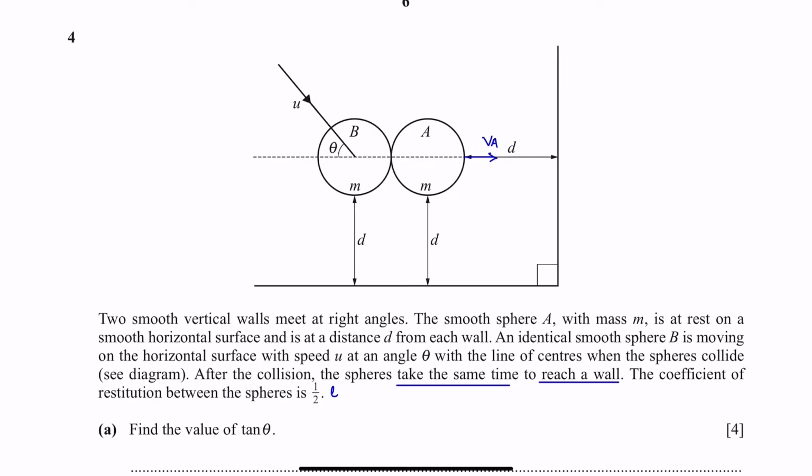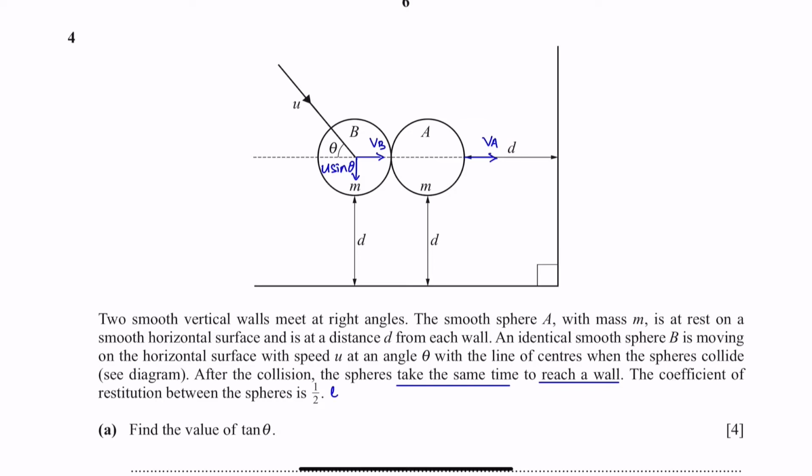And for B, this is the vertical component of B, which is u sine theta. And for the horizontal component of B after the collision, let's call it VB. It would be in this direction.